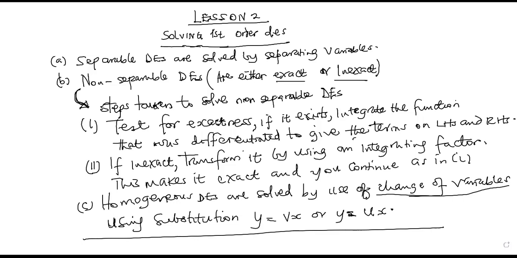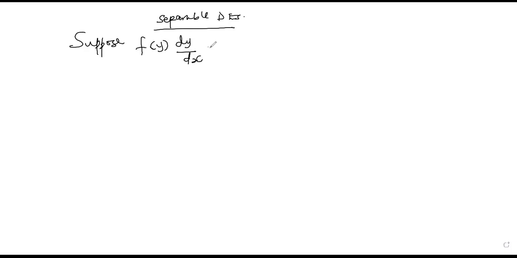Separable differential equations, that is where we are starting from. Now, for separable differential equations, suppose we have a function f of y dy/dx is equal to g of x.